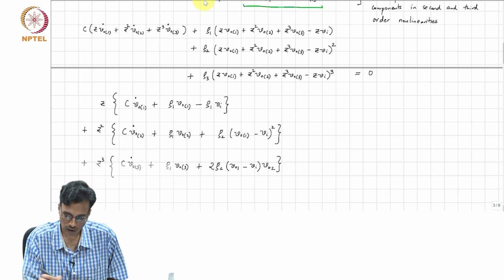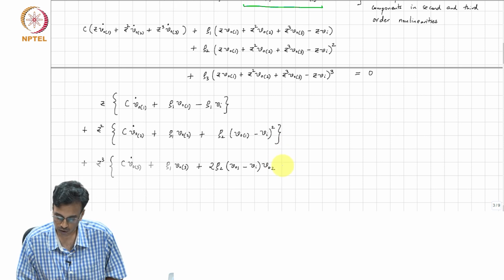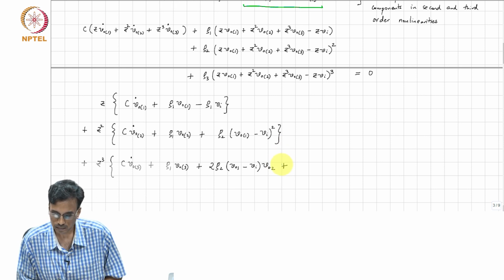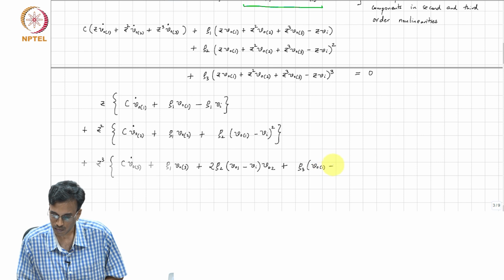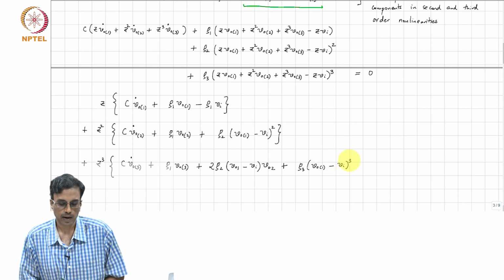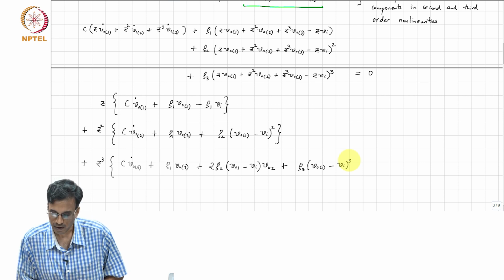Okay, that is not all. We have the G3 term also, plus G3 times V0 times (1 minus Vi) the whole cube, right. Plus, is there something else?